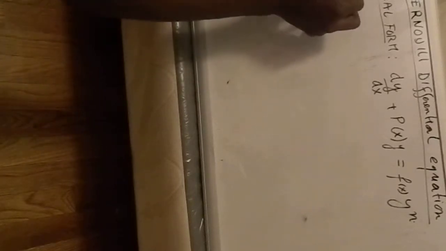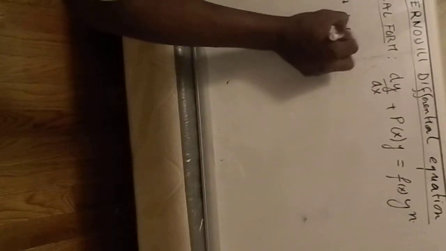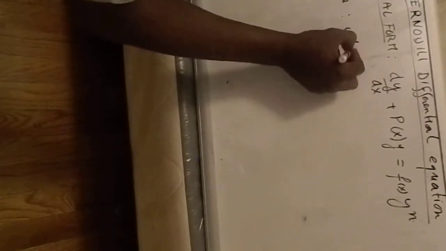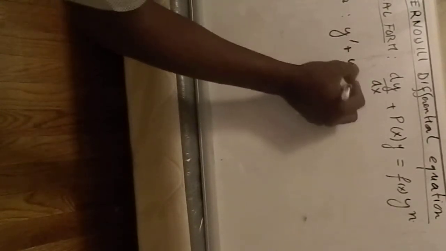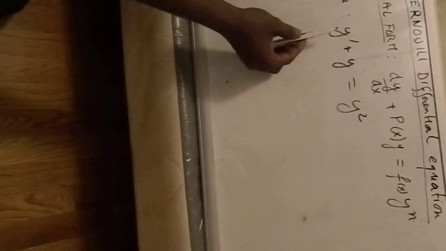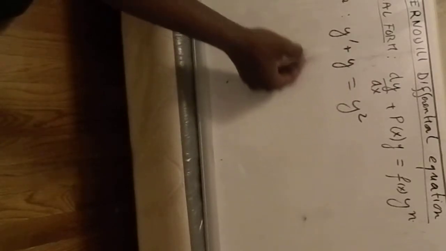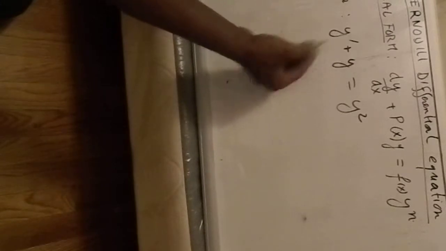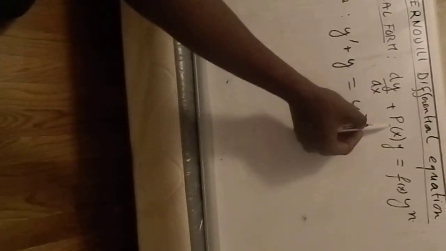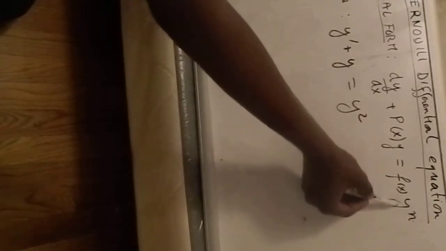Let's see, example 2. Let's try to solve this equation, y prime plus y equals y squared. In this case, it's already in the general form. We don't need to transform it into the general form, which is dy over dx plus p(x) y equals f(x) y to the n.